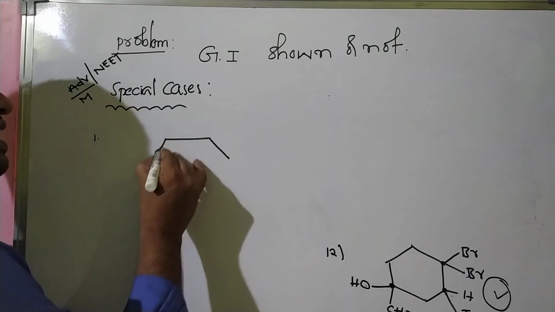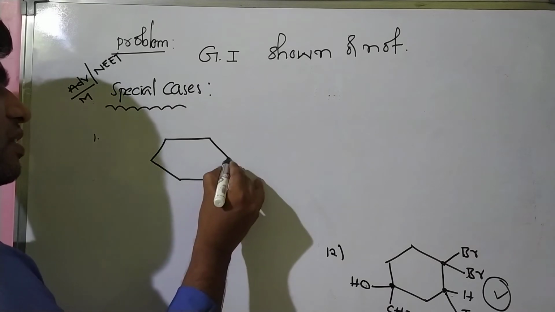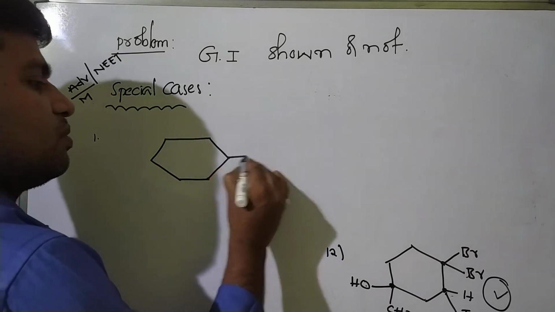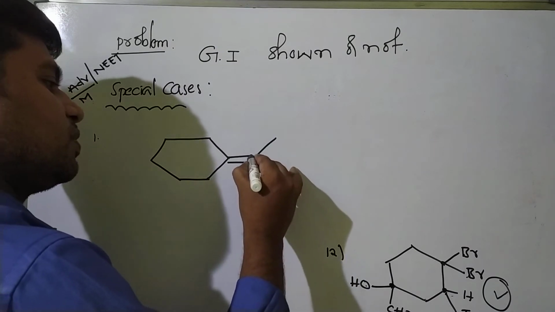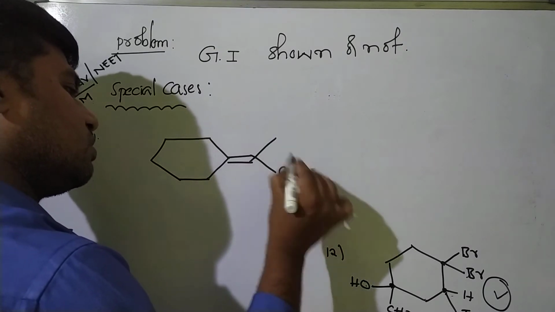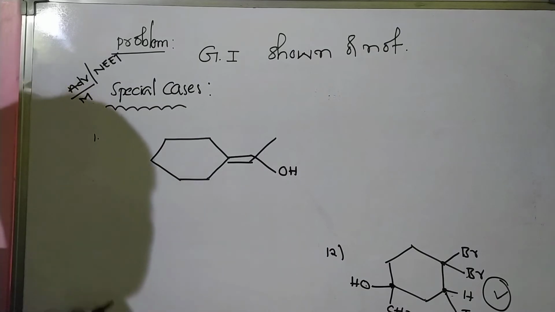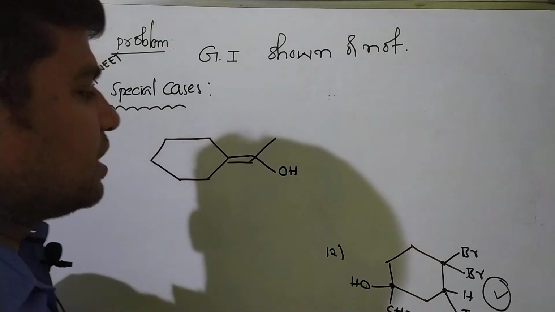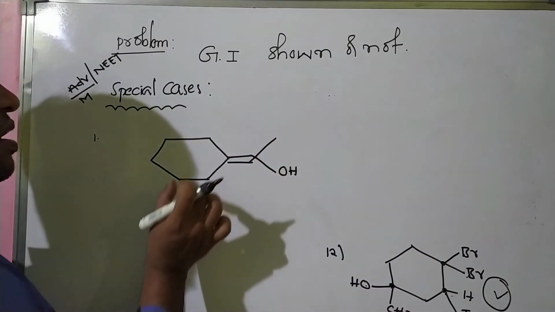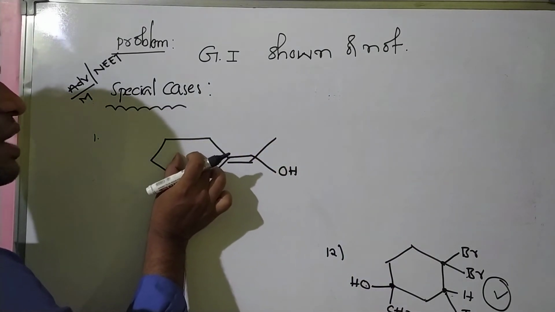So this is cyclohexane. Now this is the double bond. Here methyl group, here hydroxy group. So what about this compound? Will this compound show geometrical isomerism or not? First of all, we will consider cyclohexane.